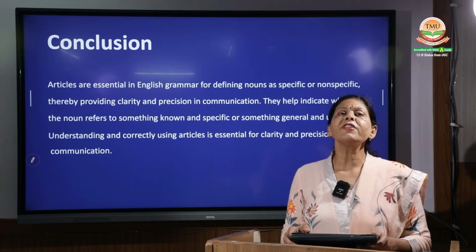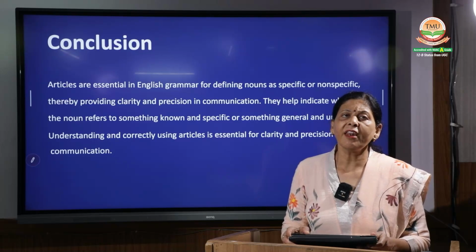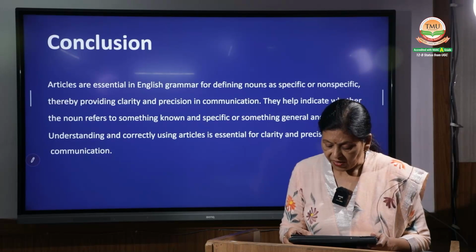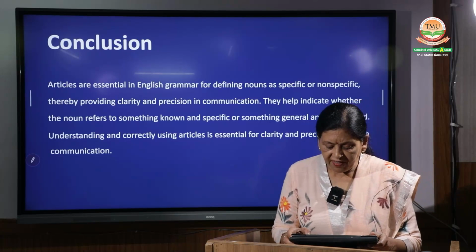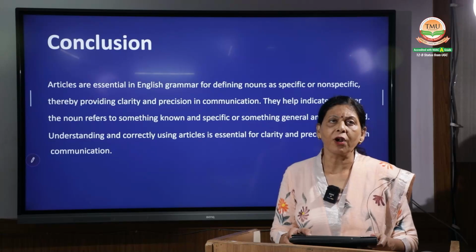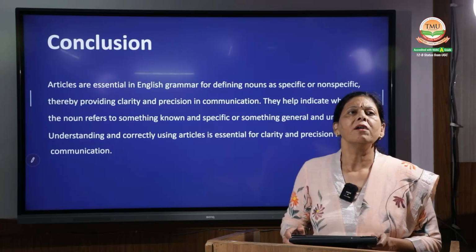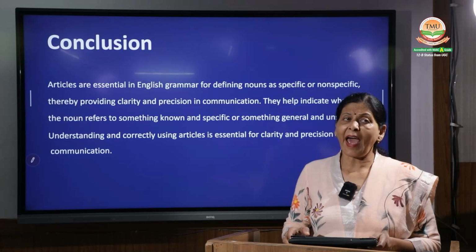The meaning of the sentence becomes more clear when we use articles in it. They help indicate whether the noun refers to something known or something unknown. If something is unknown, the indefinite article a or an will be used.